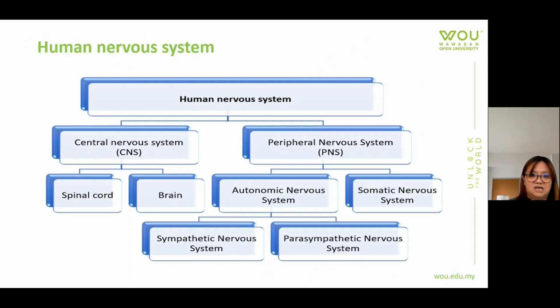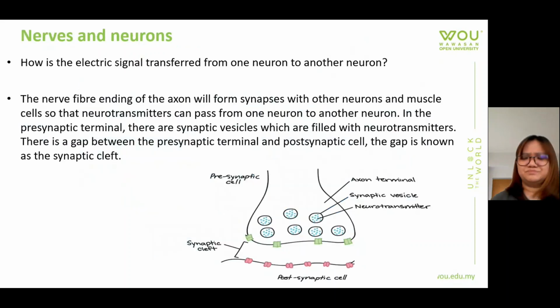So it's very important. That is why, in my opinion, when we take pills and medicines, they actually either enhance the release of neurotransmitter or suppress the release of neurotransmitter.